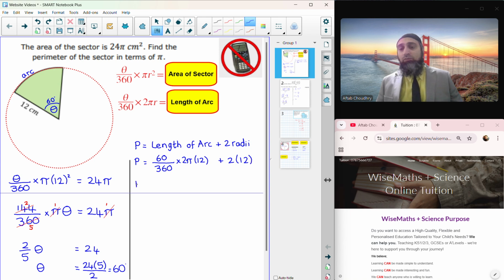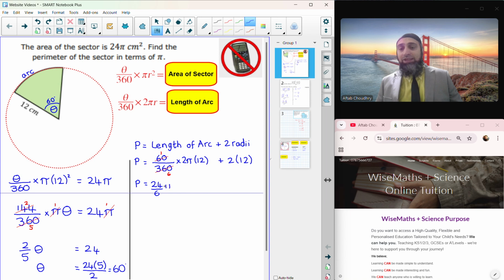So the perimeter works out as follows. 60 over 360 is the same as dividing through by 60, and that becomes 1 part over 6 parts. Then 2 times 12 is 24, and 24 times 1 gives you 24 over the 6 in the denominator, multiplied by pi.